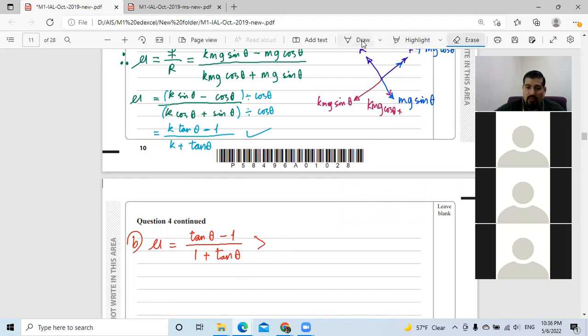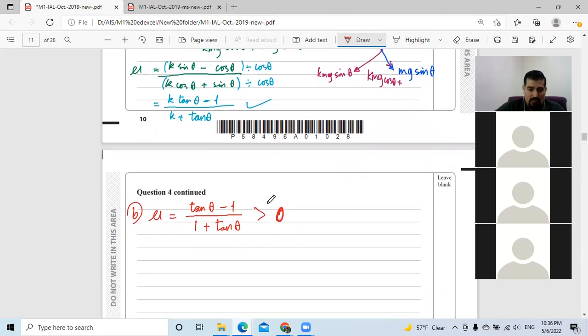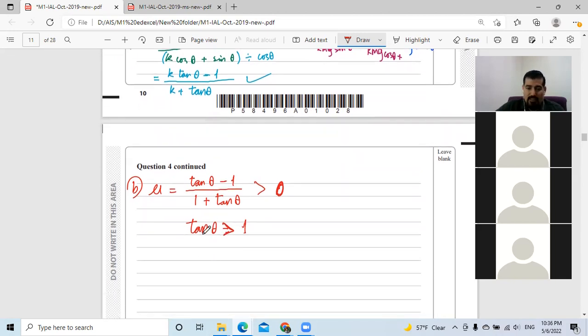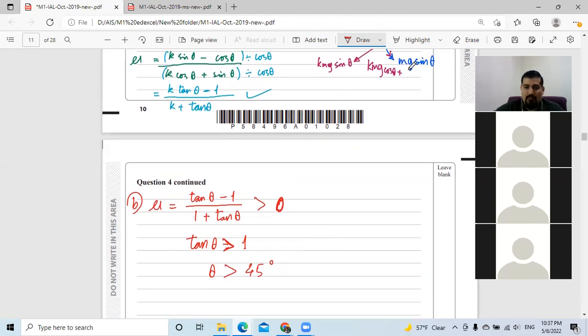Greater than the value of 0. So from cross multiplication, we will know that tan theta is greater than 1. And by using calculator tan inverse for theta, which is equal to 1, that means theta is supposed to be greater than what? 45 what? Degrees. Good?